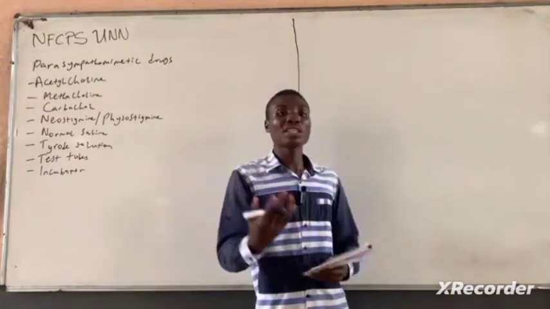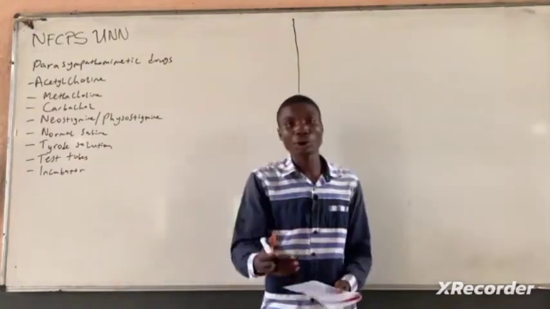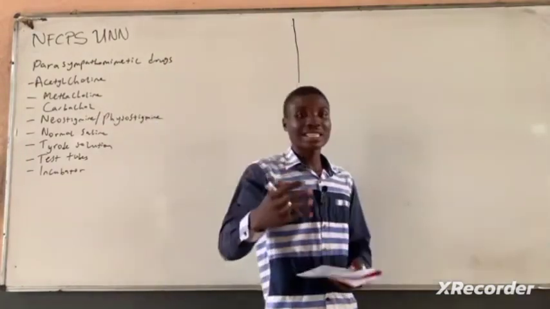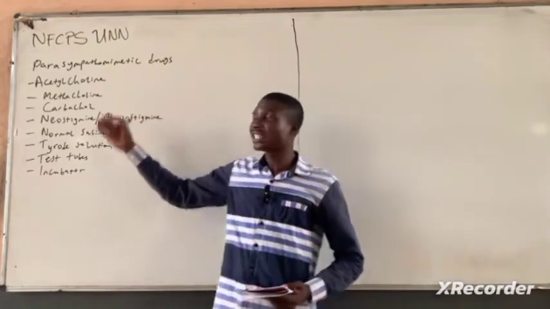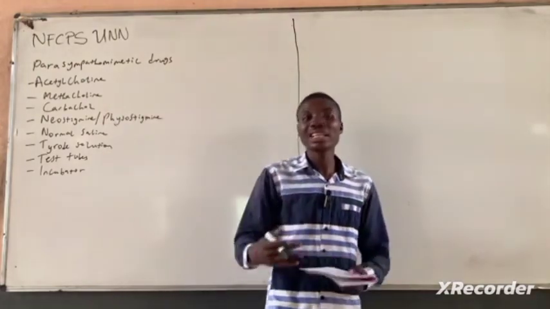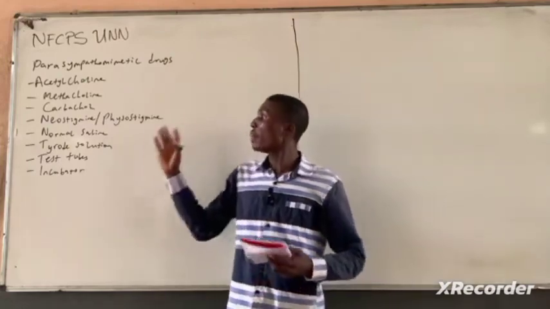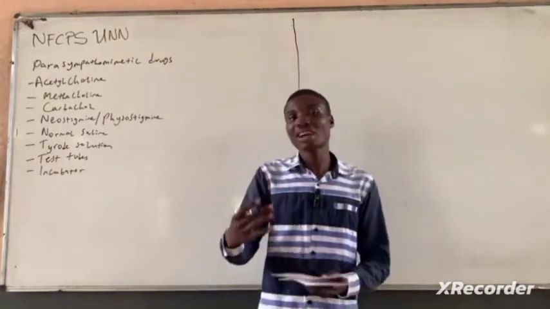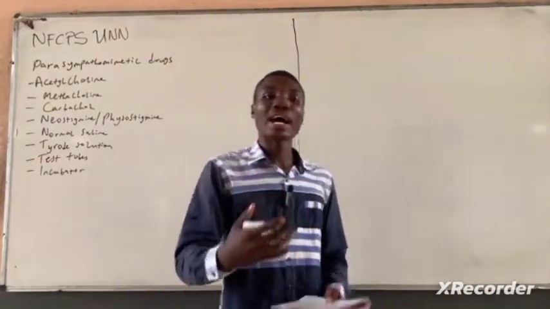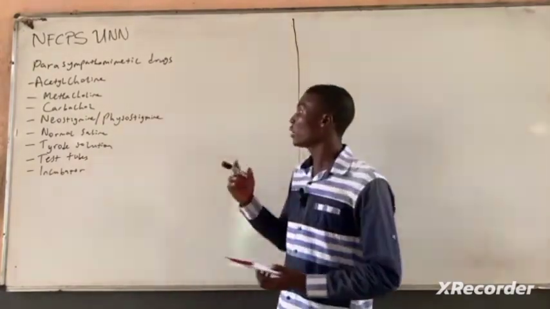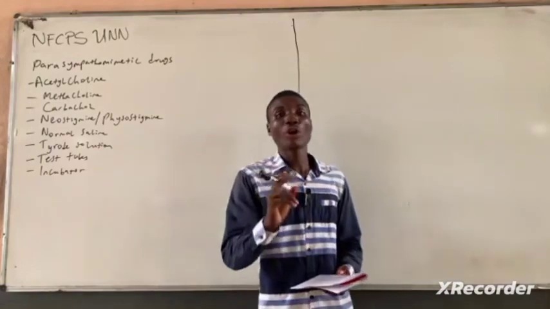The addition of that methyl group makes it much more difficult for methacholine to be hydrolyzed by cholinesterase enzymes. Meanwhile, acetylcholine is rapidly hydrolyzed by cholinesterase enzymes, but methacholine is less rapidly metabolized. So it's very important to take note of that due to the addition of the methyl group.